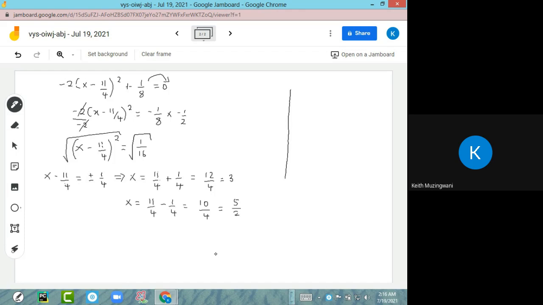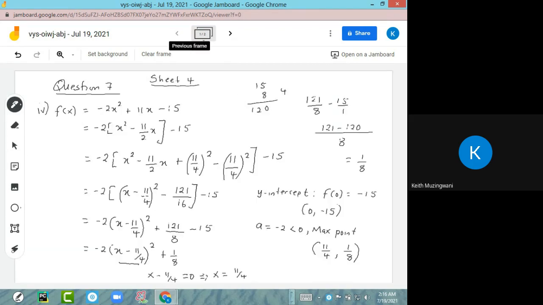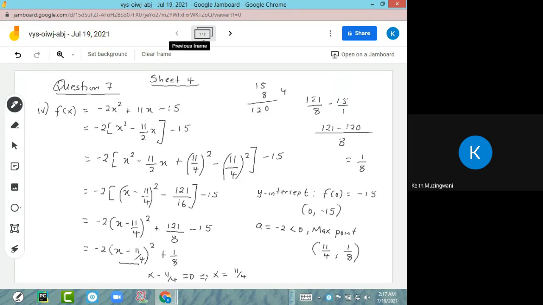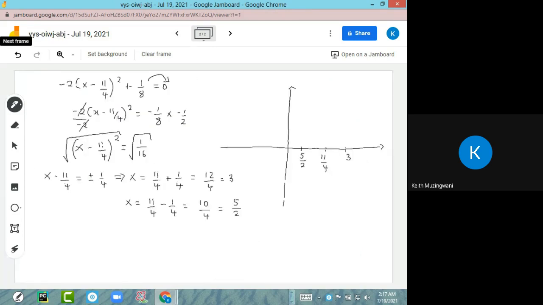Then we sketch. What's important in our sketch are these intercepts. So 5 over 2 will be here, and then 3 there, and then the turning point is 11 over 4, so it will be here, 11 over 4, comma 1 over 8.